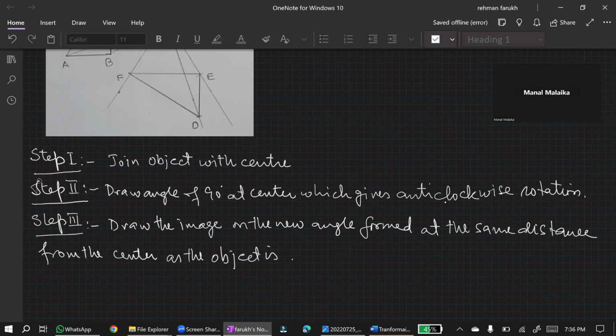Is there any confusion in drawing the image triangle under rotation? No, sir. Okay.